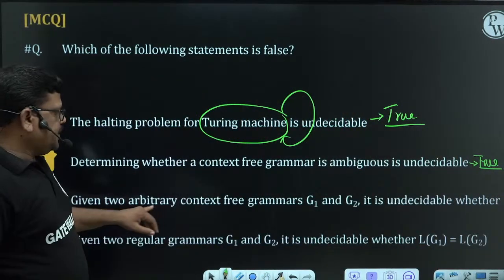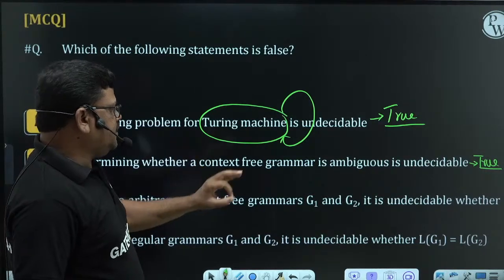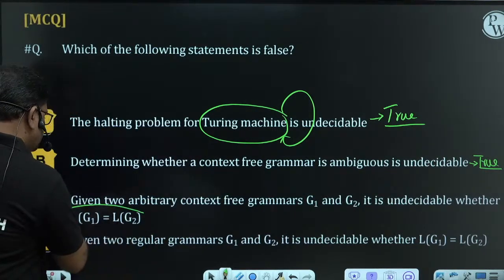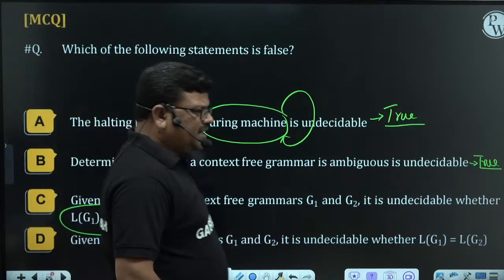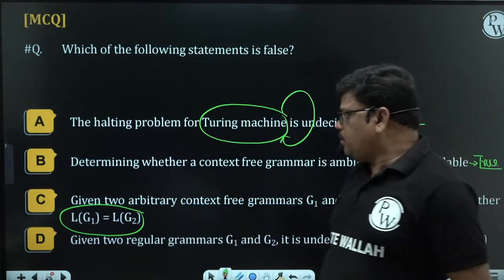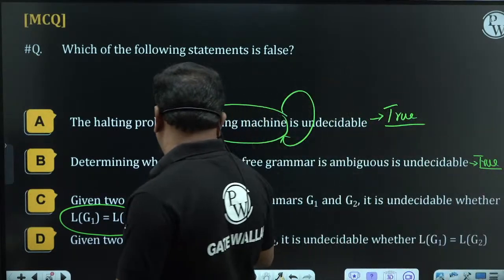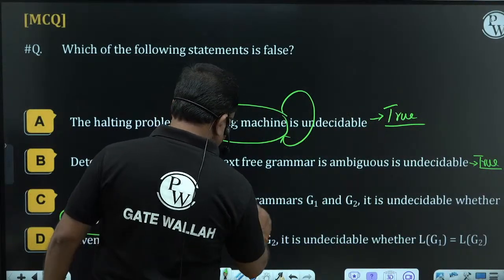Given two arbitrary context-free grammars, it is undecidable whether L of G1 equals L of G2. What are L of G1 and L of G2? Which problem is it? It is the equivalence problem. Here, context-free grammars are given.